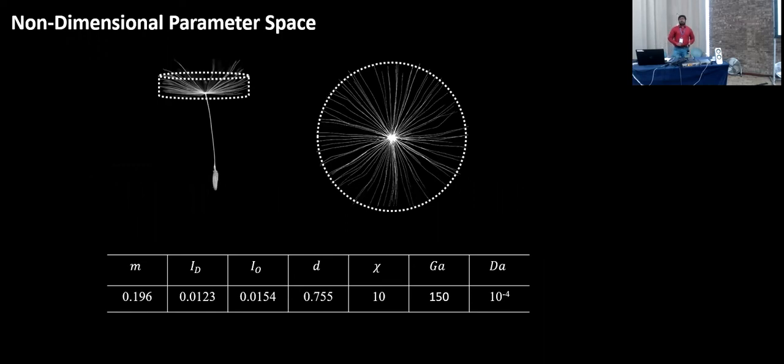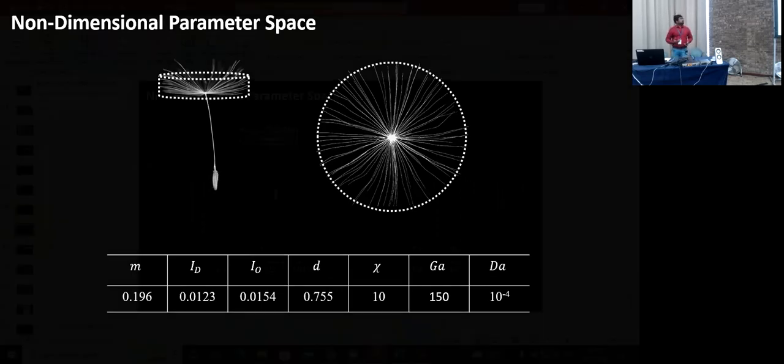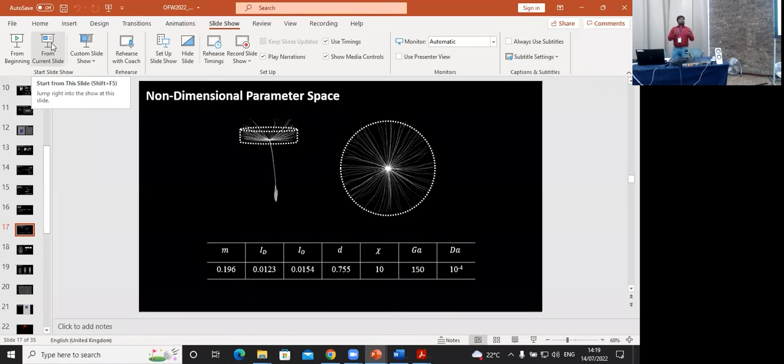And these are some of the non-dimensional parameters for the study that I consider. One is the non-dimensional mass ratio. Everything is non-dimensional here. So M is the mass of the structure divided by. I consider two different cases. One is the homogeneous case, which I denote by ID, that means when the center of mass is within the body, and IO when the center of mass is displaced. So the moment of inertia for these two cases with respect to the reference system will be different.